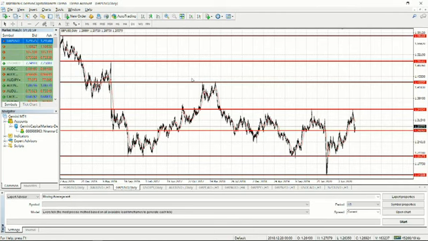Now, this level that we drew, you can see how it has been keeping price down, how price has been reacting to this level. Whenever price got here, it reacted and pushed down. And again, when it got here, it also pushed it down, the same thing.